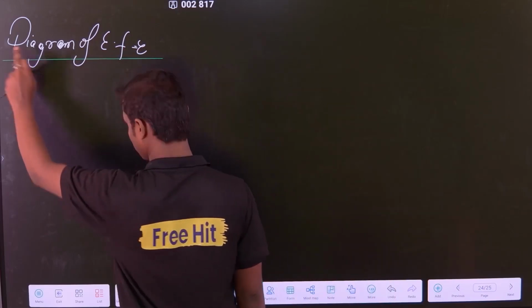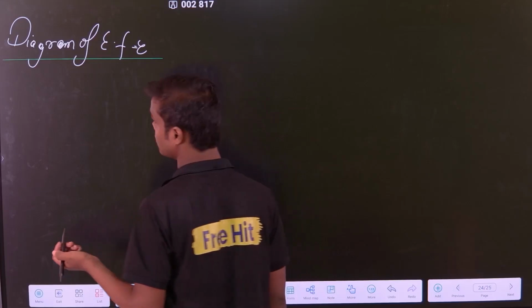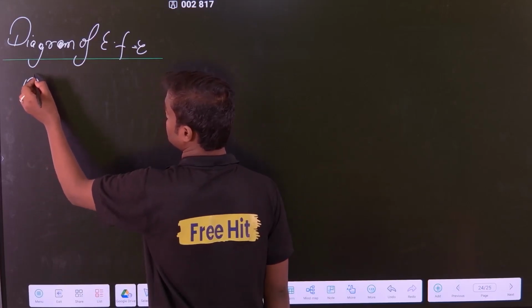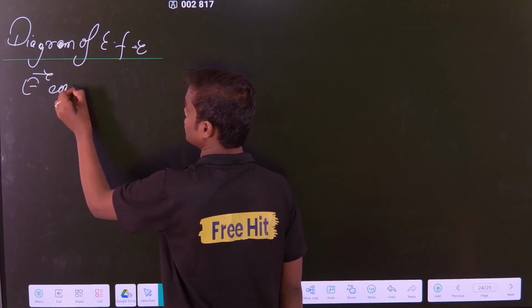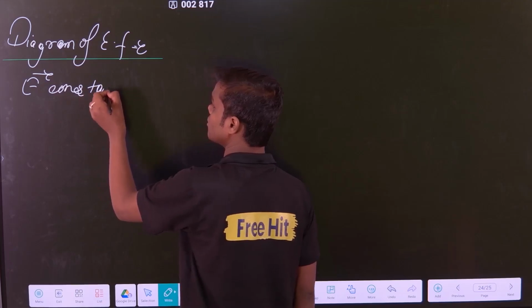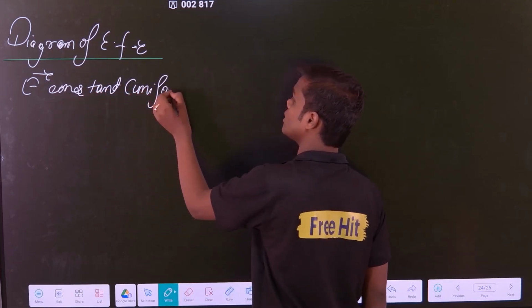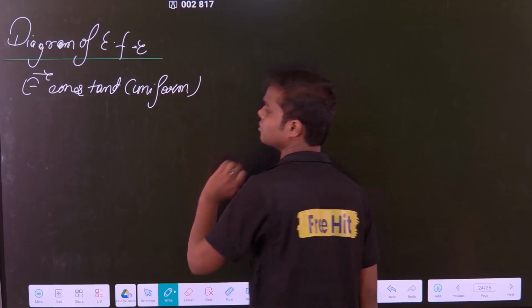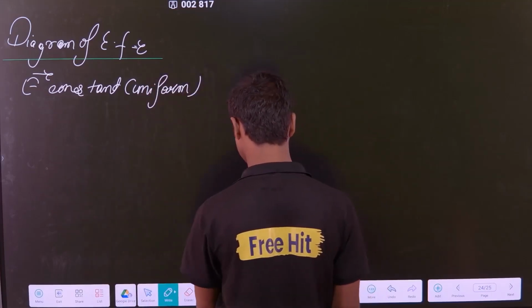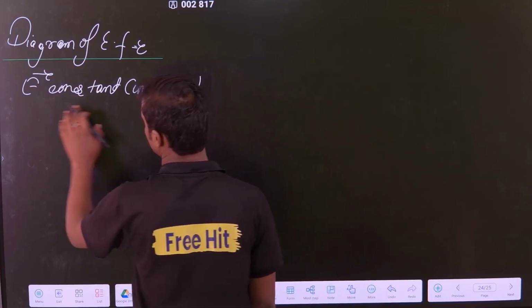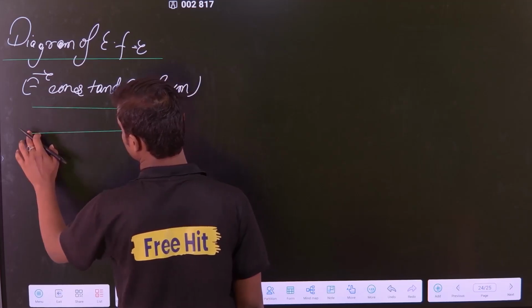So suppose my E is constant. Constant means uniform, everywhere it is the same. That is the meaning. So how do you represent this? It is represented by a straight line.